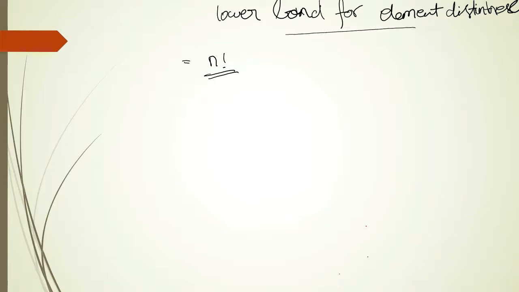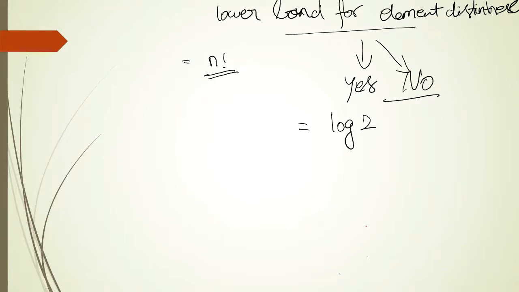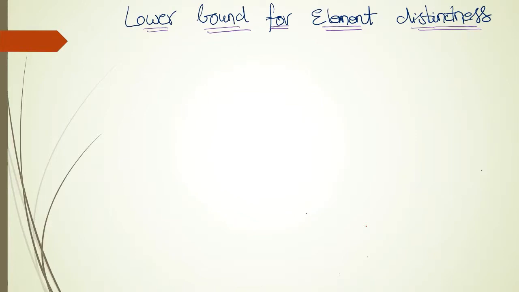For element distinctness, we have only 2 outcomes, either yes or no. So log 2 is equivalent to 1, which is not useful. So we cannot prove it the way we proved the lower bound for a sorting algorithm. Here we need a different approach to find the lower bound for element distinctness.